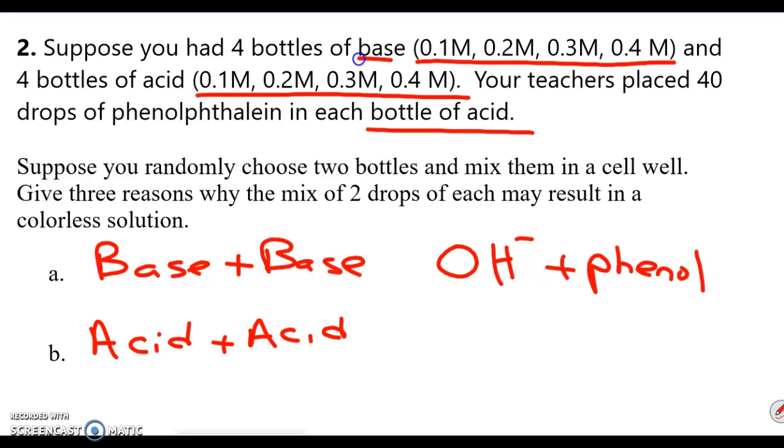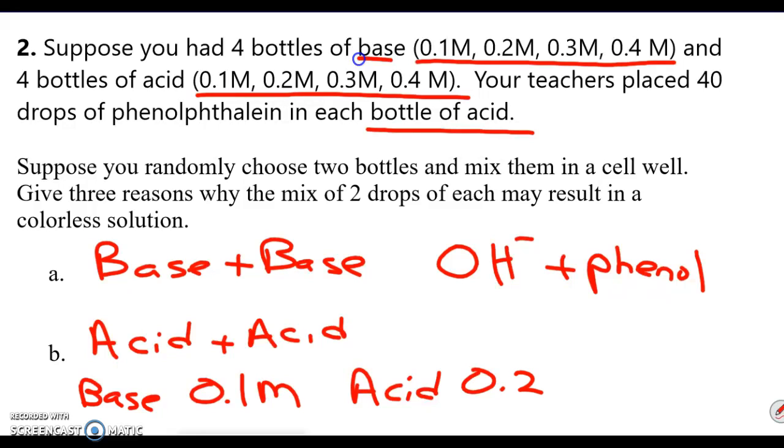The last one would be C, and I'm running out of room down here: if my base was a low concentration. So let's say my base is 0.1 molar, and my acid was 0.2 or 0.3 or 0.4 molar.